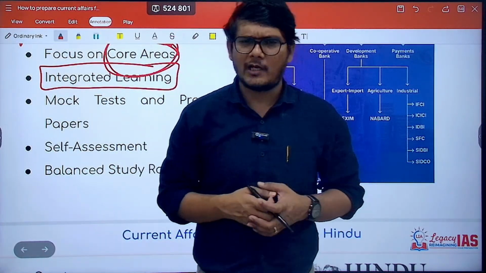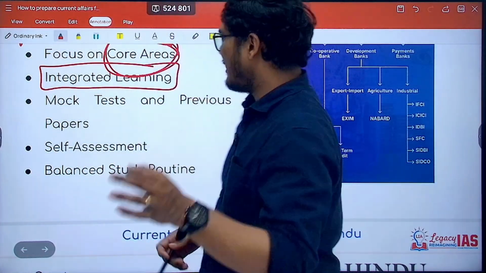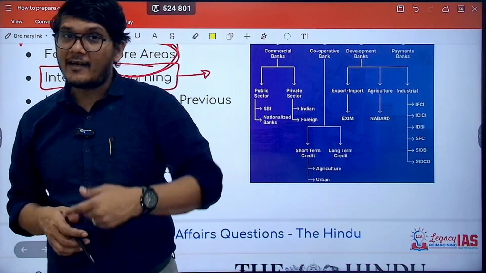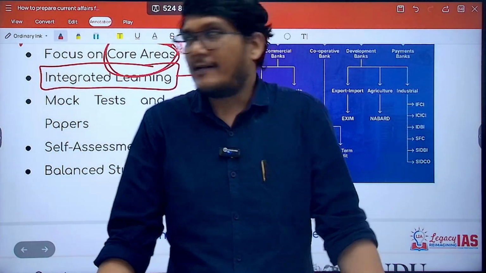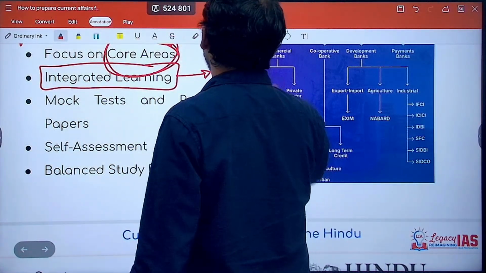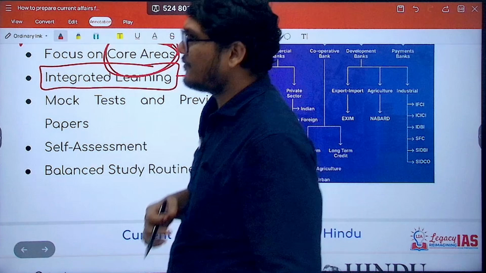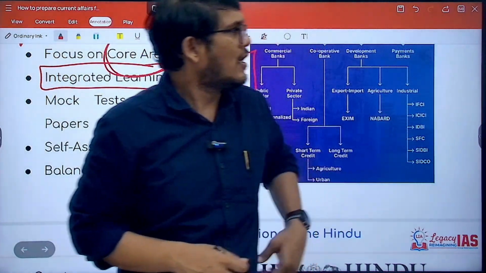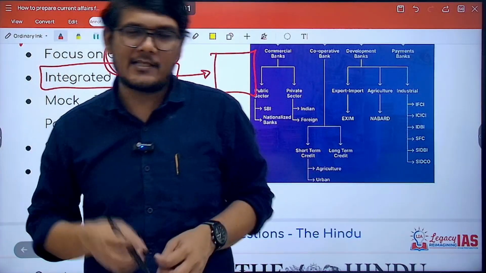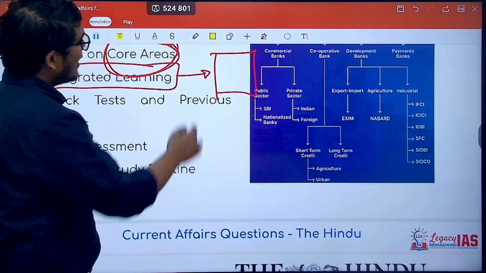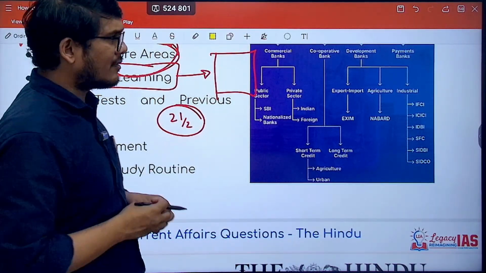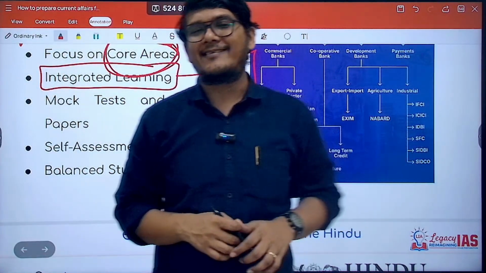But remember, there might be a slight difference when you start full-fledged prelims studies, which you might have started now. For example, if you are reading an economy-based article from a current affairs magazine, and the article is 2.5 pages, then for prelims-based studies only half of the article might be essential.